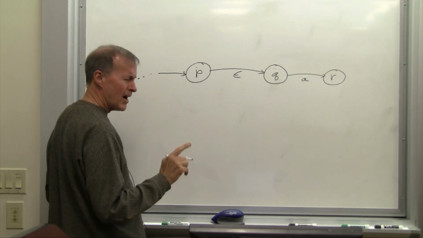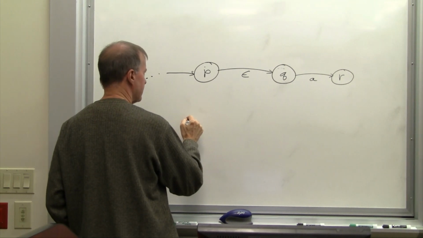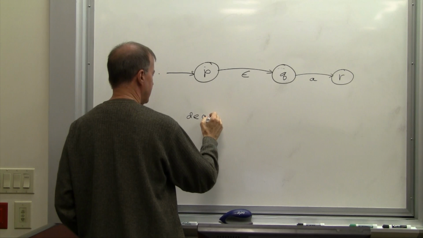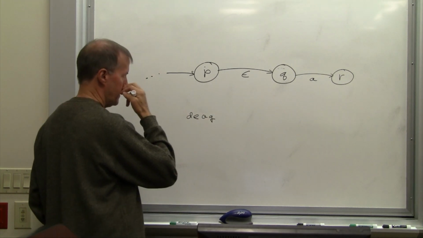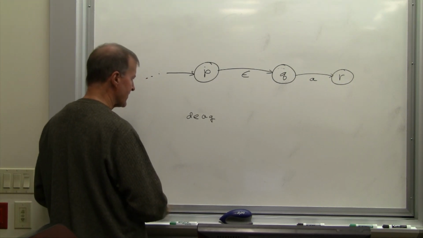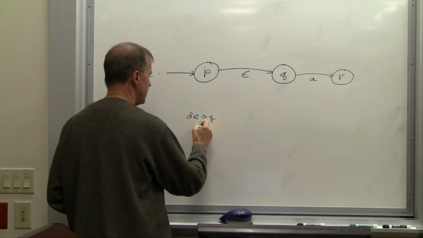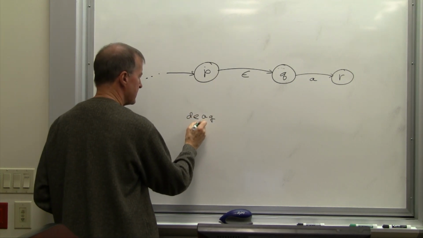So why would you do that? Let's suppose that you have this: D E A G. And let's suppose that you've scanned this, and here you are in your state P, and your cursor is right here.